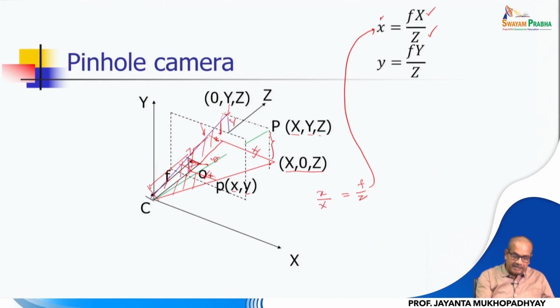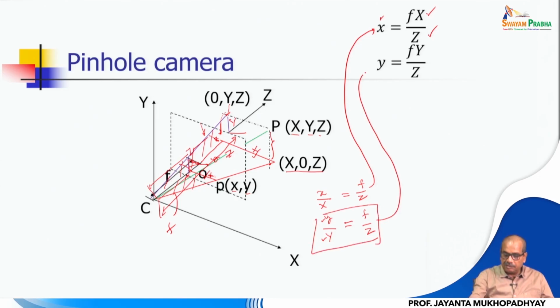Once again, the side here is f, and the other side here is Z. So, here also we can write in the same way y by capital Y, the image y coordinate over the world y coordinate of the 3-dimensional scene point, is again equal to f by Z.